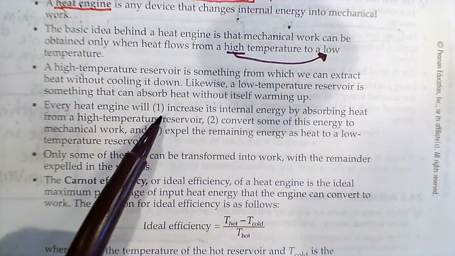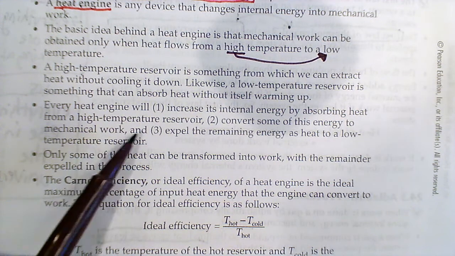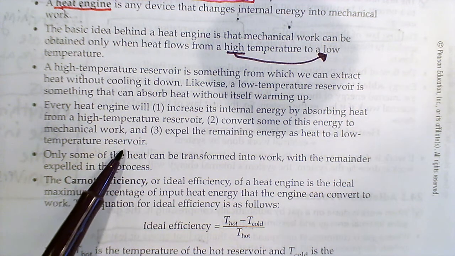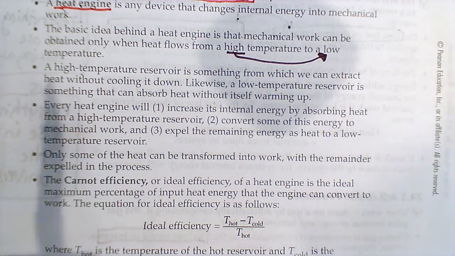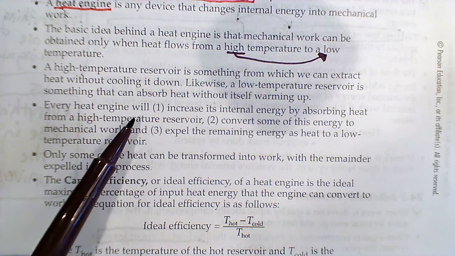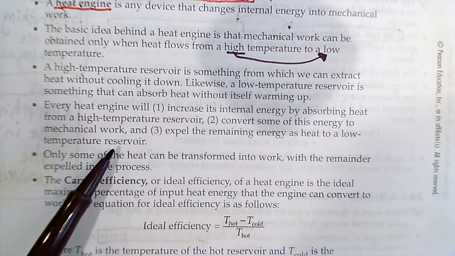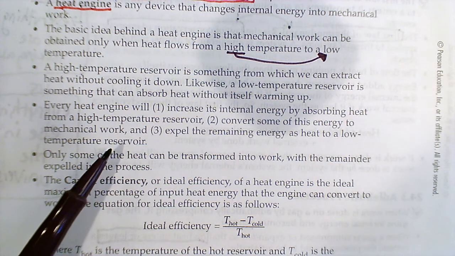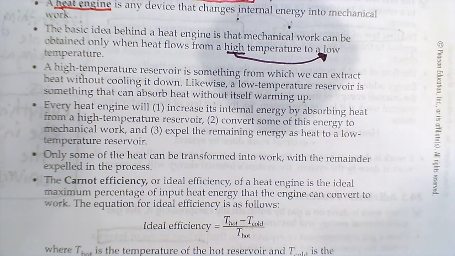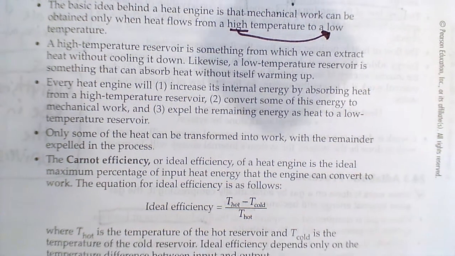And then start over. So take in more heat, do more work, kick out the extra heat so that it's cold, and then it can take this in again. Based on how hot the hot reservoir is and how cold the cold reservoir is, there are different amounts of waste heat, waste energy, maybe you could say.